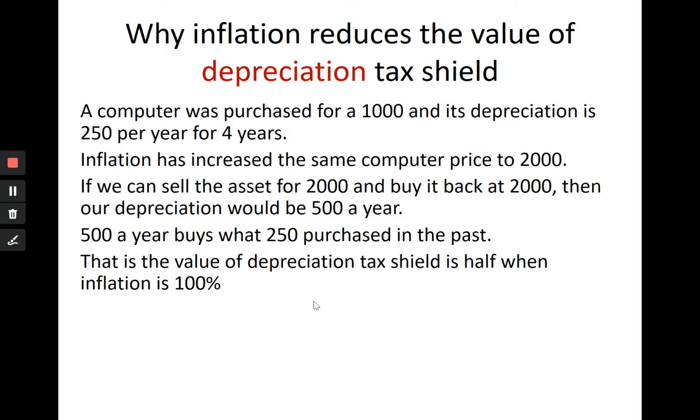So you see that the depreciation tax shield could considerably increase if we purchase new assets in inflationary times. 500 a year buys what 250 purchased in the past. That is, the value of the depreciation tax shield is half of what it used to be if we keep the old asset and we have 100% inflation.